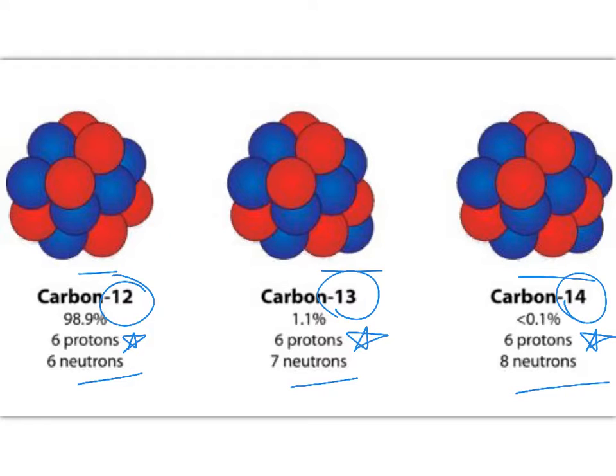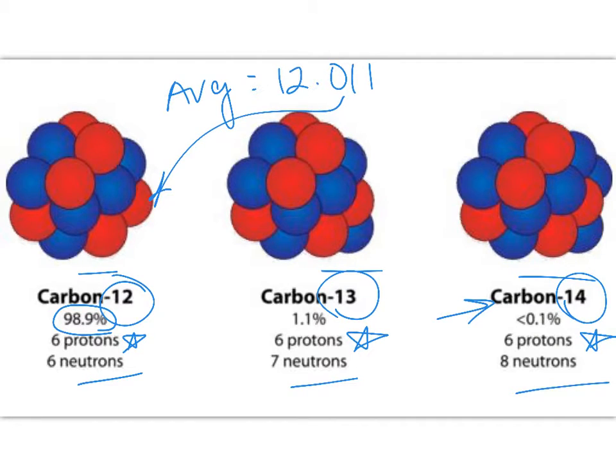The more neutrons, the heavier the mass gets. You can also see carbon-12 is the most common. It's almost 99% found, and that is why carbon's average atomic mass is 12.011. It's almost exactly that isotope, where we have it a little bit heavier from these guys, but only about 1% of the time.